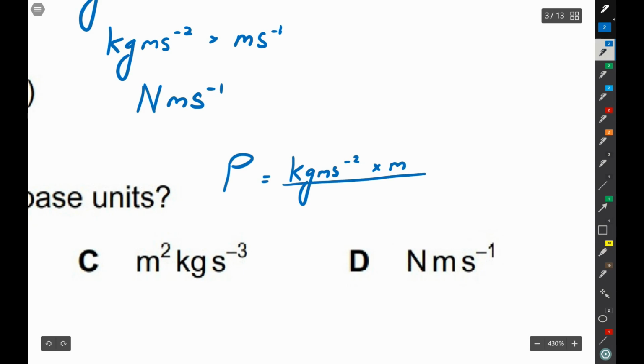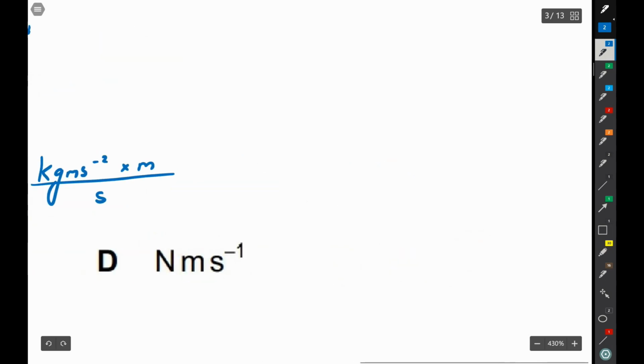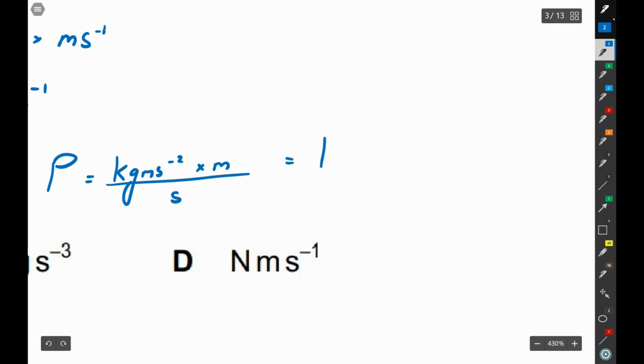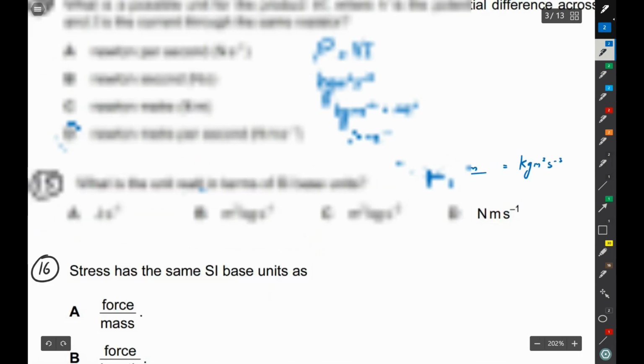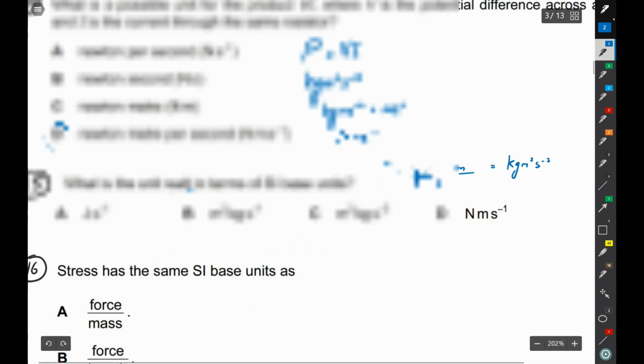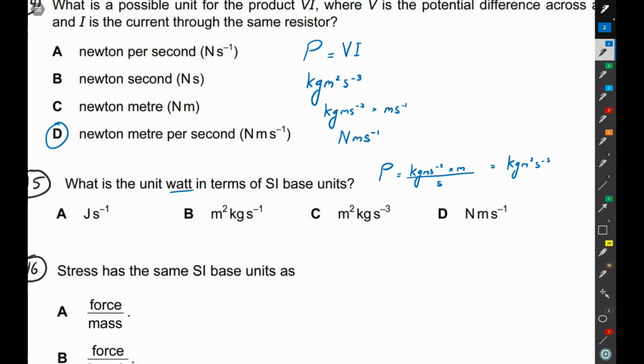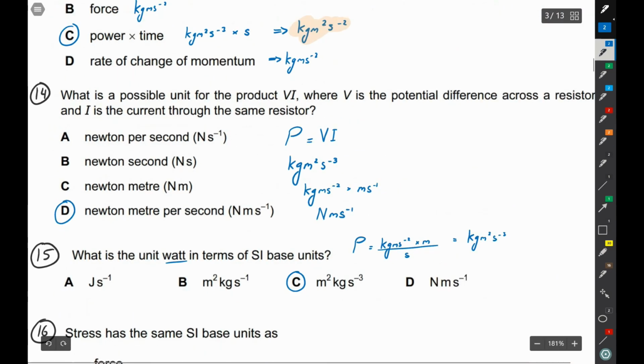So this is divided by time. So my unit becomes kg m2 s minus 3. So kg m2 s minus 3, m2 kg s minus 3, same thing, option C. So yep, this was part 1 of questions.